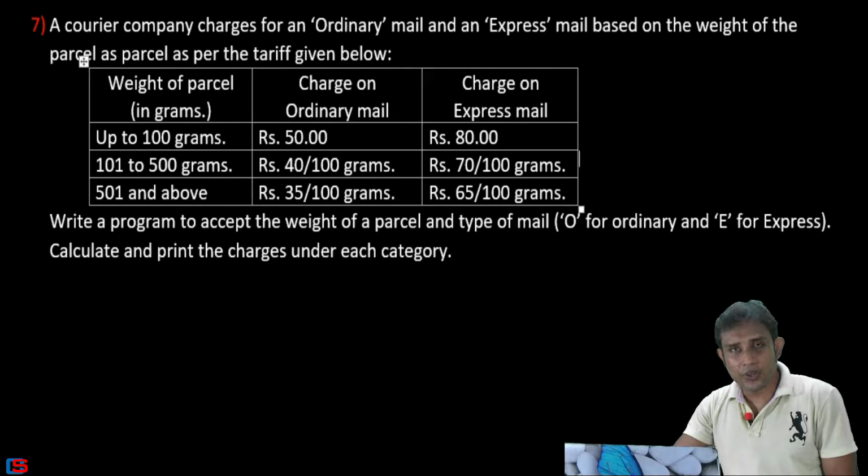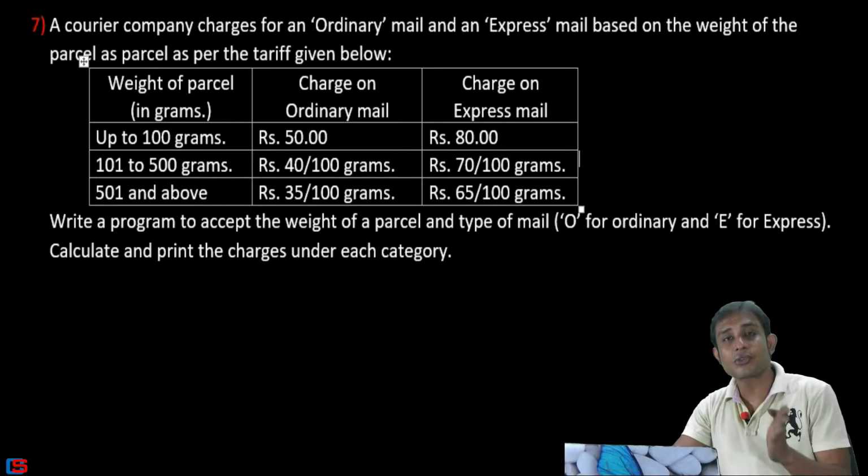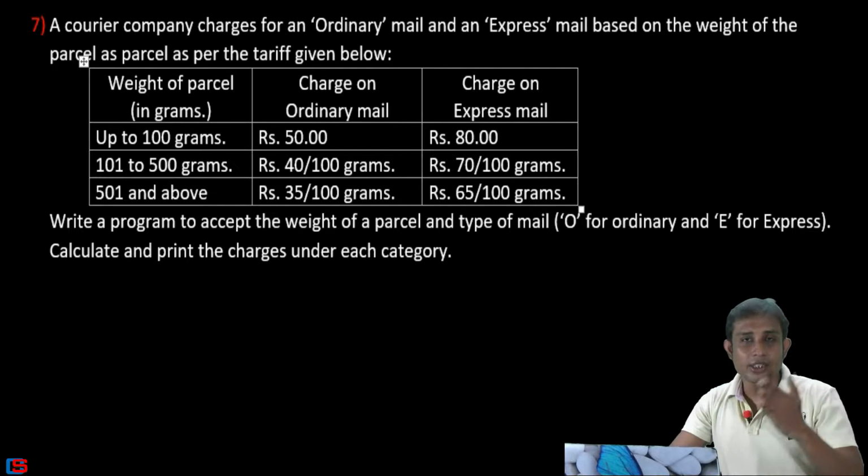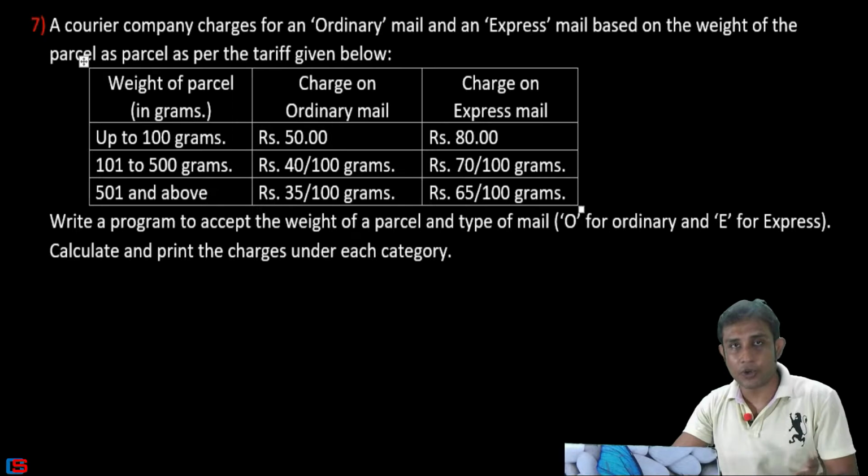But if it is 250, it means maybe 200 or maybe any fraction in between. That means for the first 200 grams it is rupees 80, and for the next 50 grams it is also charged as rupees 40. It is not just a fraction of the rupees 40.